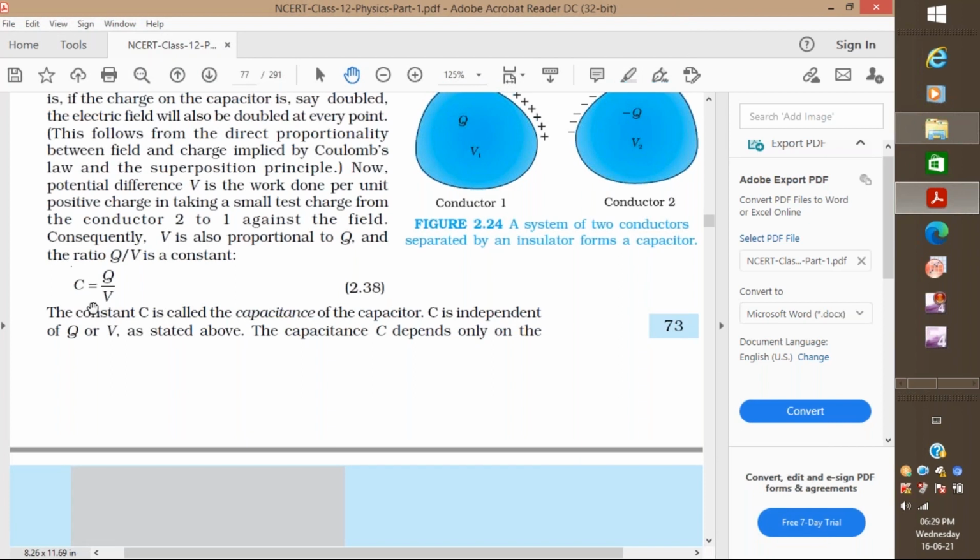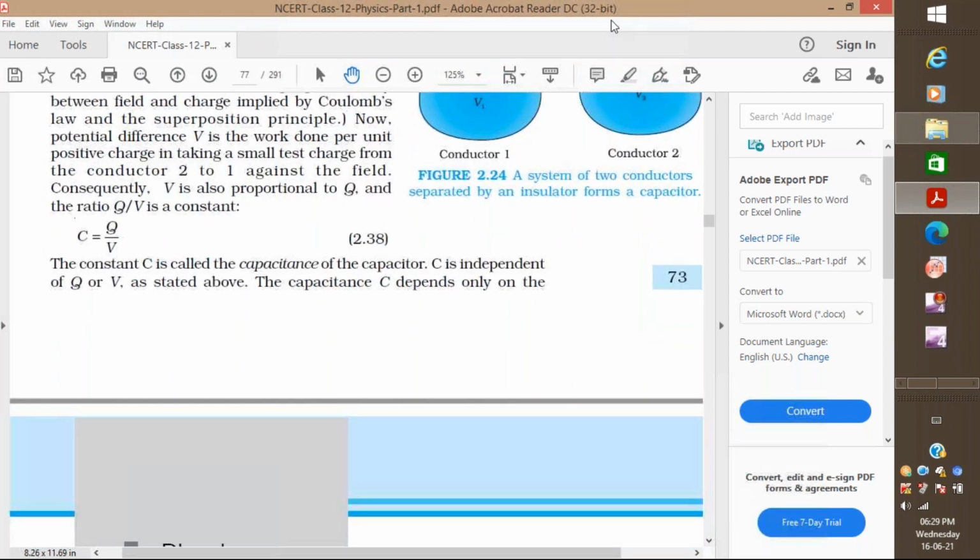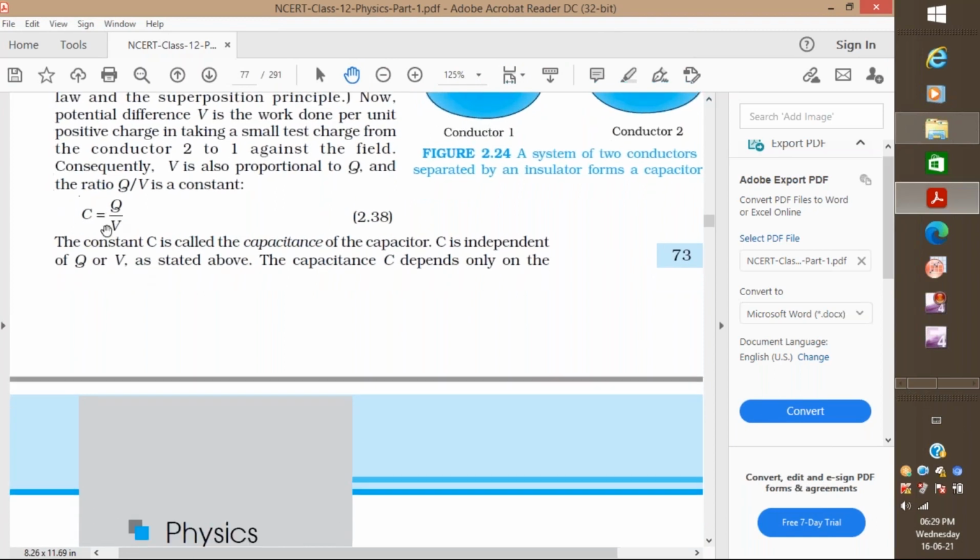In other words, there is a limit to storing charge in a capacitor. What is that limit?